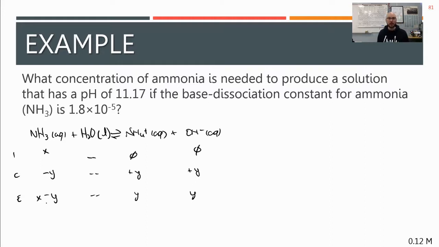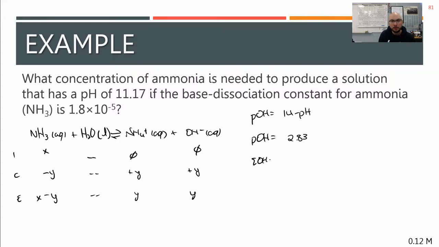So we will get pOH is equal to 14 minus pH, which is going to give us a pOH of 14 subtract 11.17, which is 2.83.